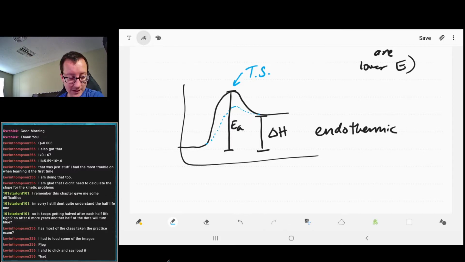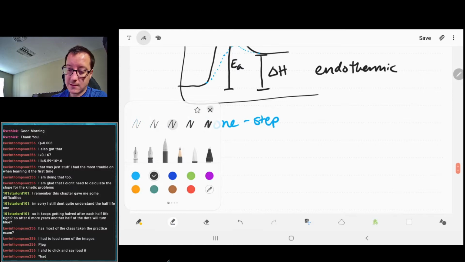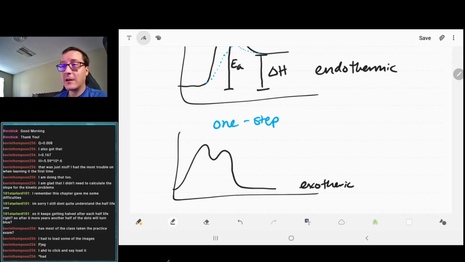This is a one-step process. If you have multi-step processes, something like that. Let's just say this is exothermic. It's very slightly lower than the initial one, it looks like. So delta H is negative.